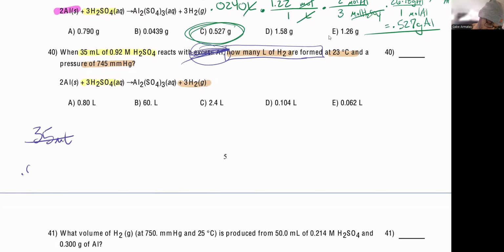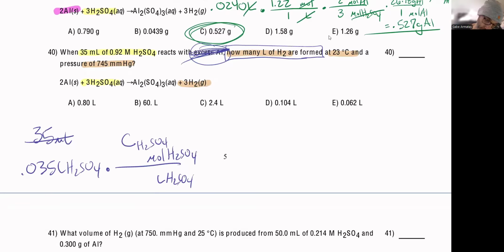Again, we're going to convert to liters of H2SO4, and I want to convert to moles. Liters of H2SO4 goes away, moles of H2SO4 remains. This is going to be the concentration of H2SO4. So 1 liter is equivalent to 0.92 moles, because that's the concentration, moles per liter, molarity. At this point, liters of H2SO4 cancels, and I'm left with moles of H2SO4.